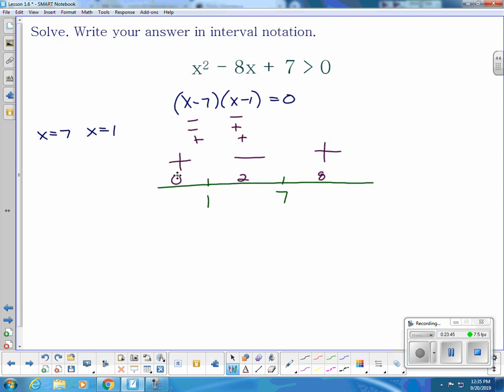And again, you might have different test points than I do. They have to be in the interval. Maybe you use -1, or maybe you use 5 or 9. The little purple numbers don't matter.